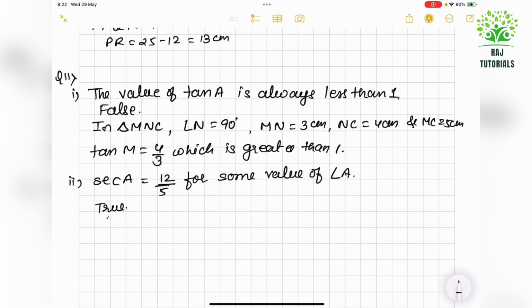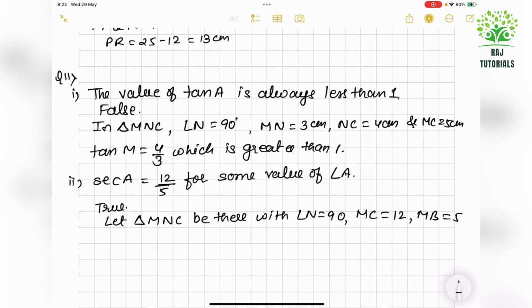Again, I am saying let triangle MNC be there with angle N equal to 90, MC equal to 12, MN equal to 5.